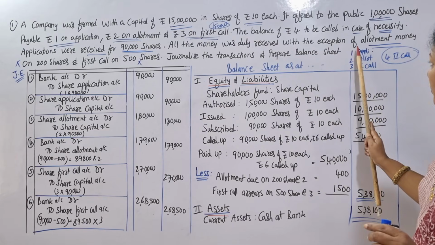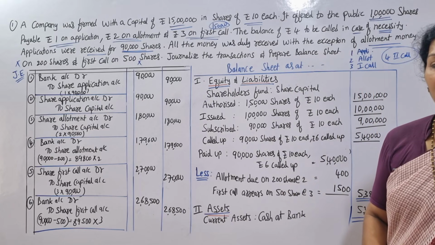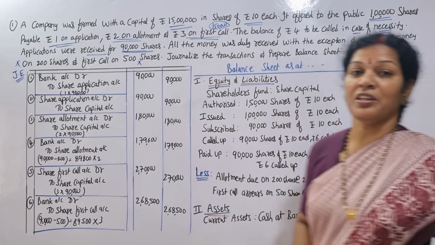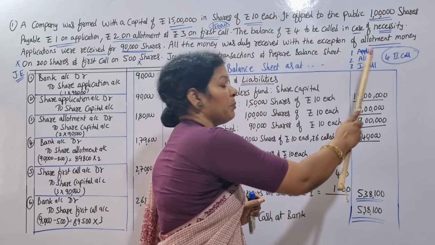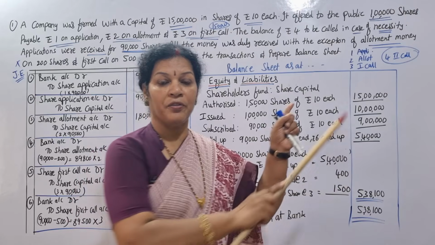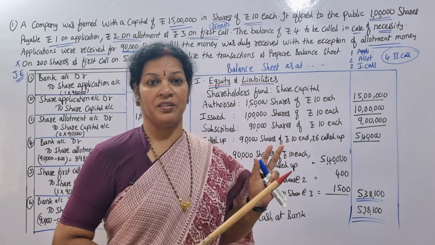So ignore it. We have to focus only on application, allotment, and first call. That is 3 transactions. For every transaction, application 2 journal entries, allotment 2, and first call also 2. Total 6 journal entries we have to pass.